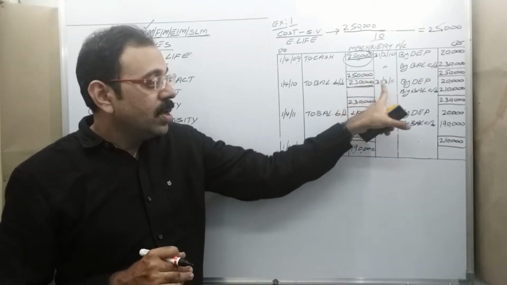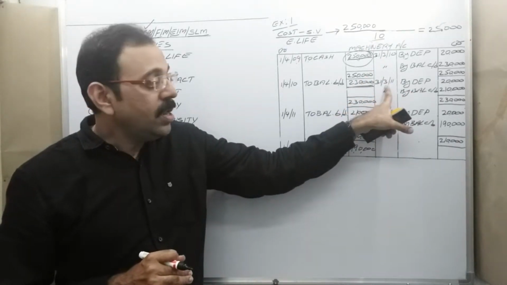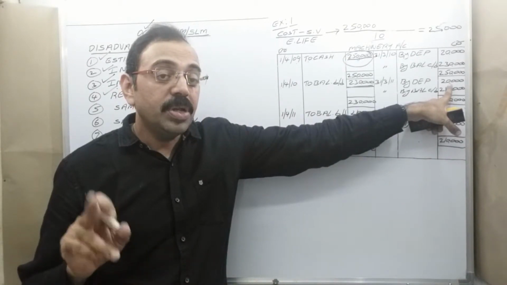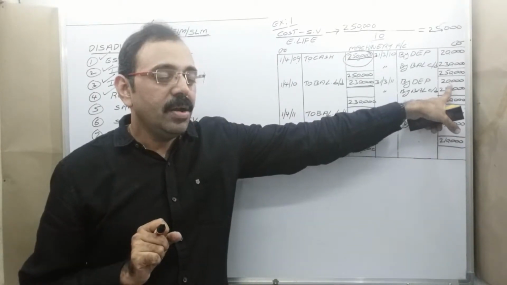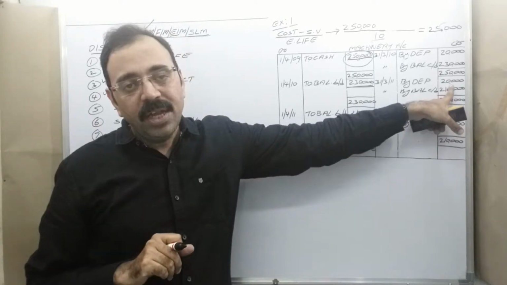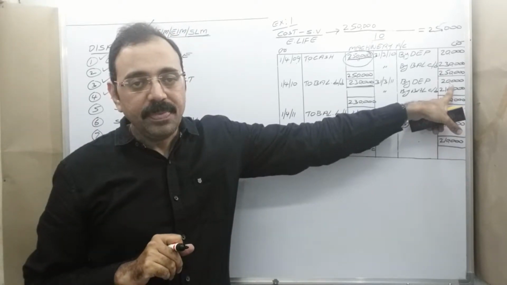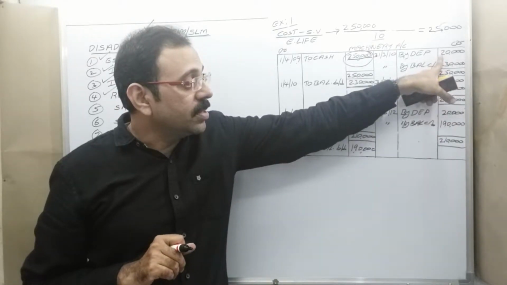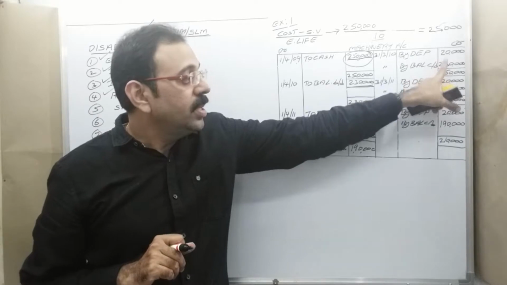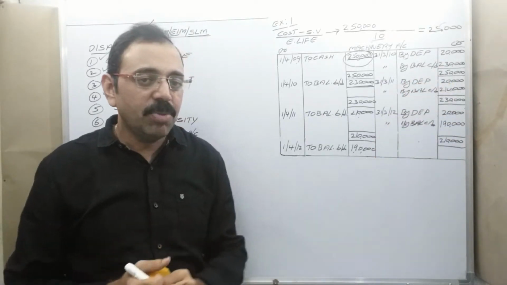Second year, at the end of second year, again another 20,000 worth depreciation fund will be provided, and with the 20,000 again firm purchases investments. And first year investments are there, no? On that investment, in second year we get some interest amount.